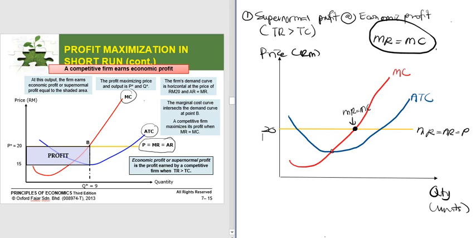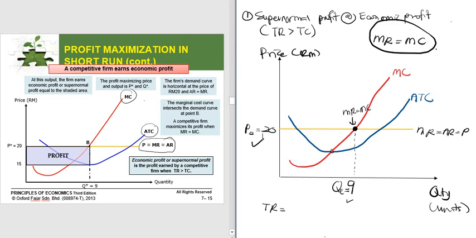From this point you drag it downward so that you get the equilibrium quantity. I put it as QE, the equilibrium quantity, which is 9. Since you have the average revenue here, that is your equilibrium price, which is 20. Now that you have the price and the quantity, that is where you get the total revenue.